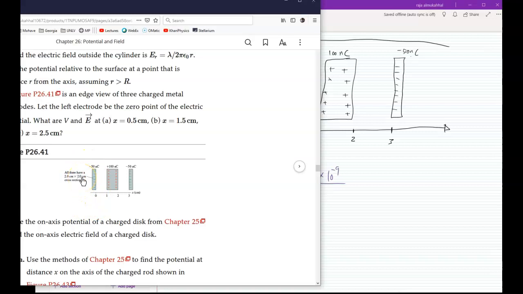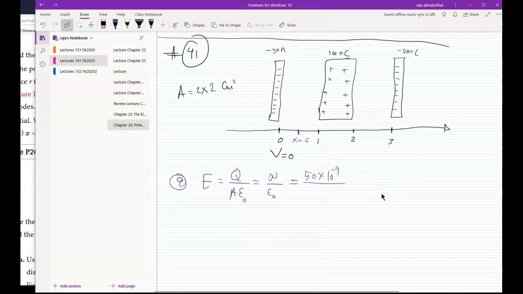That will be 4 times 10 to the negative 4, multiplied by epsilon naught. Is that okay?